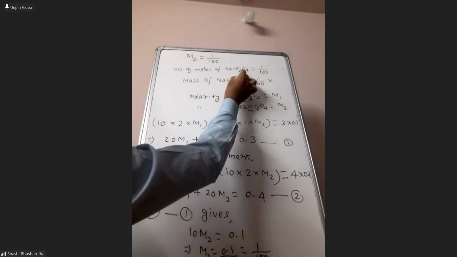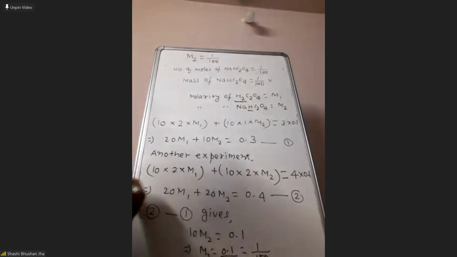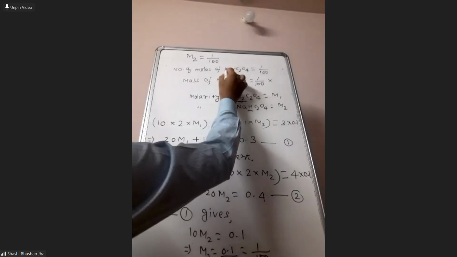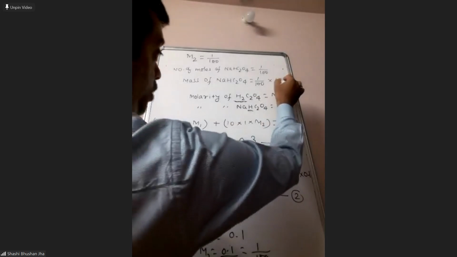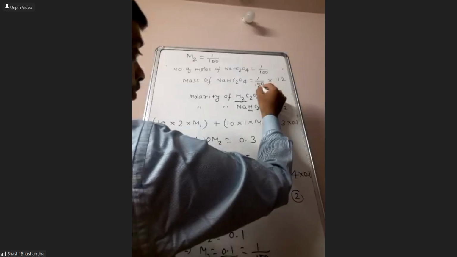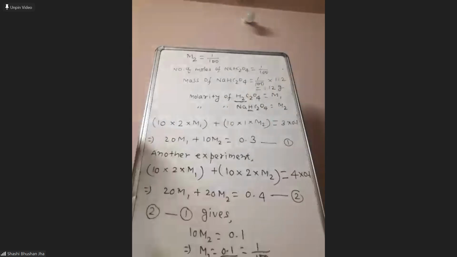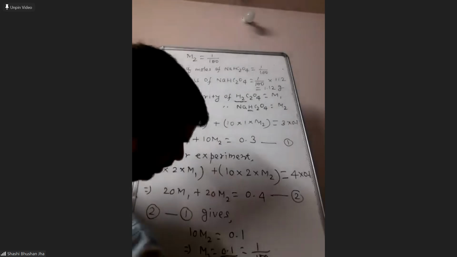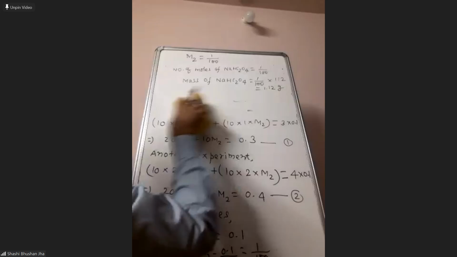That will come 64 plus 24, 88 plus 24, 112. So it will be 1.12 gram. Similarly, calculate M1, and that M1 will be the molarity of oxalic acid.